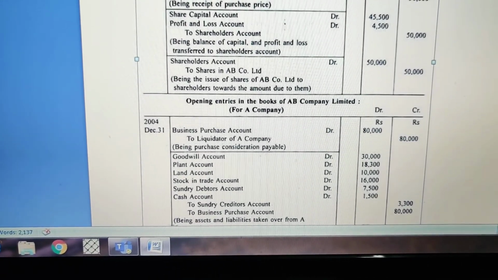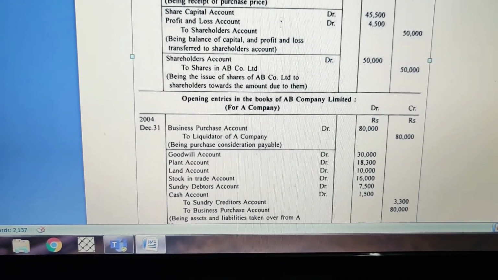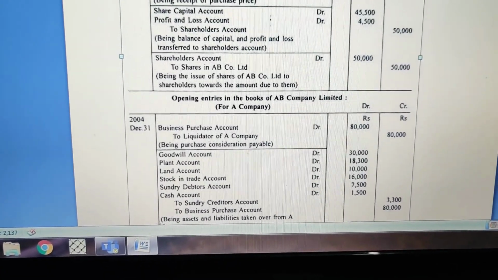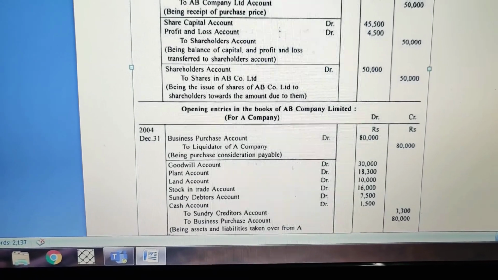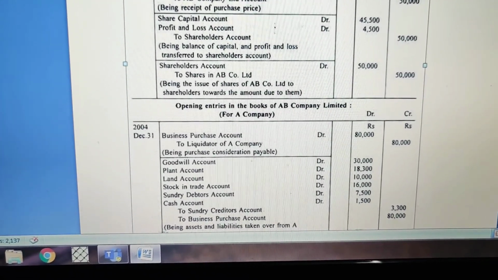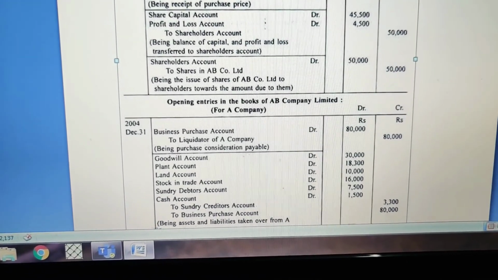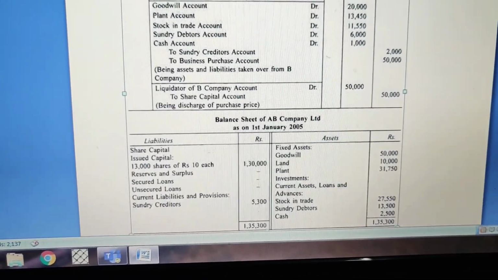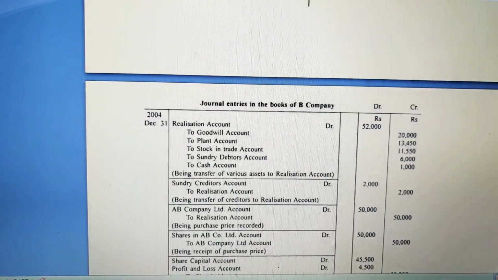Okay, so the journal entry will be business purchase account debit to liquidator of A company 80,000. Then obviously he is taking all the assets in his business, the new AB company business, all the assets, because these are increasing, and what we have to do with increasing balances, we have to debit all the assets. So here all the assets will be debited like this.